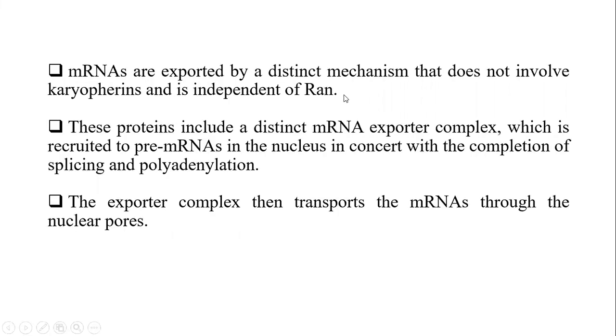Now mRNA transport. This we will be doing in detail. mRNAs are exported by a distinct mechanism that does not involve the karyopherins, and it is independent of RAN. What we are trying to say here is that, like yesterday we saw that for protein transport we need RAN GTP, right?